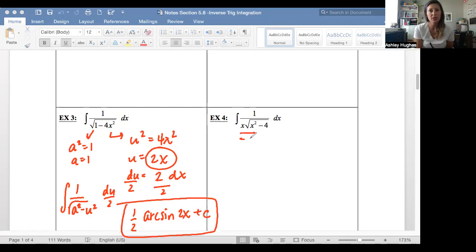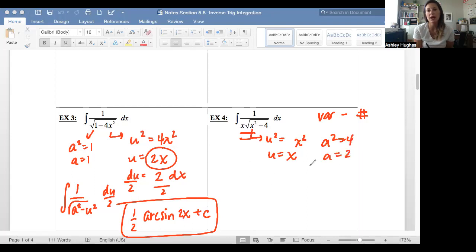Now this one is different. You see that you have them by each other. You have the variable first as well. So if the variable minus the number, then that means arcsecant. So you're going to try to make this u squared, which then would make u be x, and then a squared is 4, so a is 2.